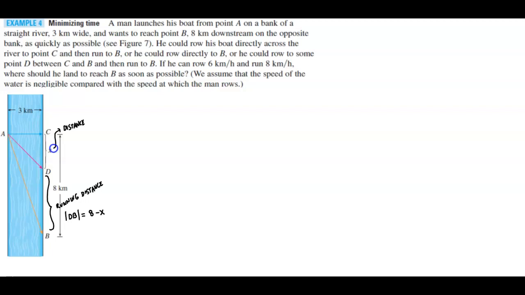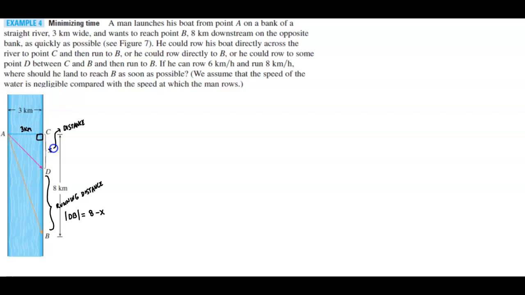Okay? And if we want to find the distance of A to D, well, first and foremost, what do we know? We know that this represents a right triangle. We know that this is 3 kilometers.